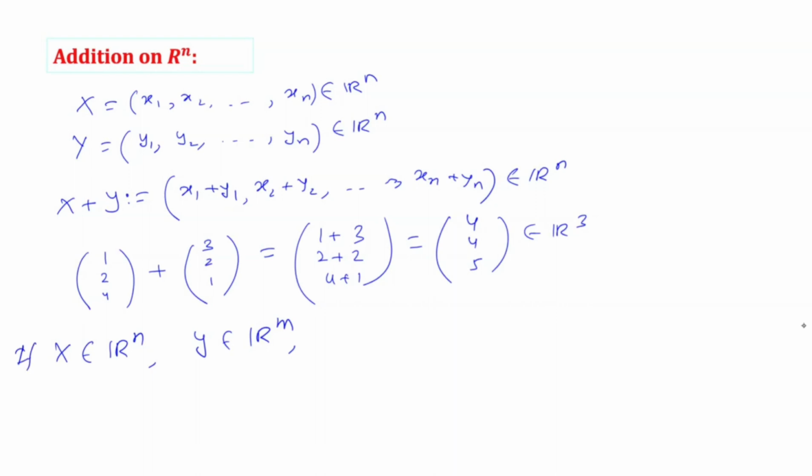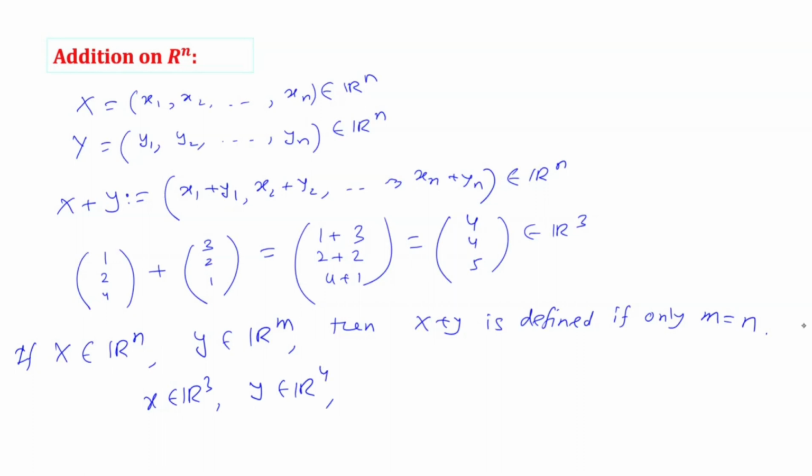If x belongs to Rn and y belongs to Rm, then x plus y is defined only if n is equal to m. For example, if x belongs to R3 and y belongs to R4, then x plus y cannot be defined.